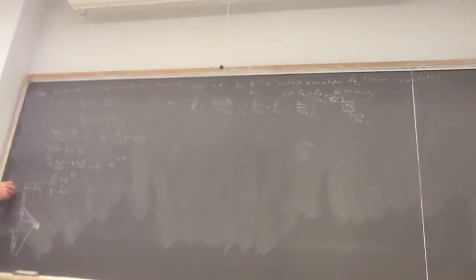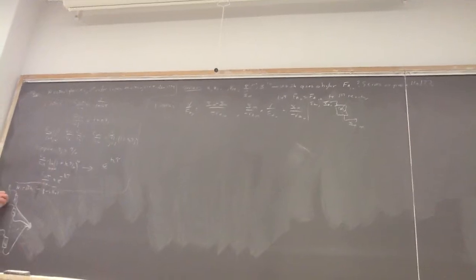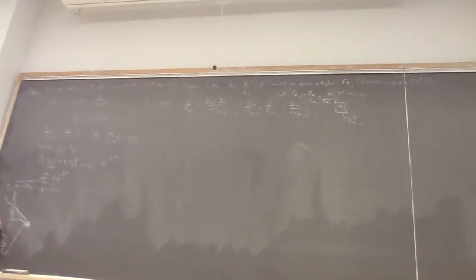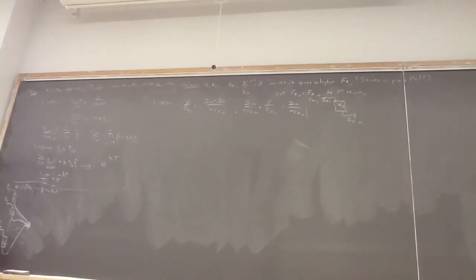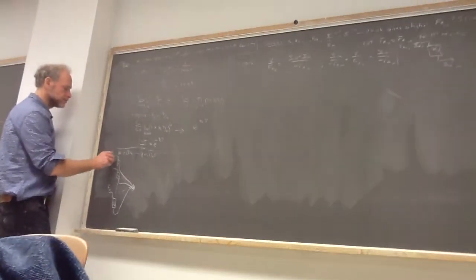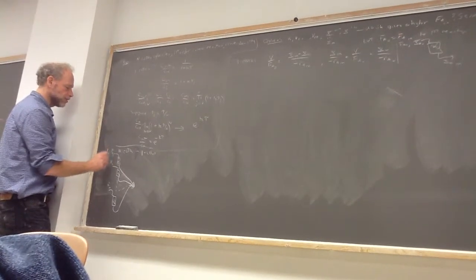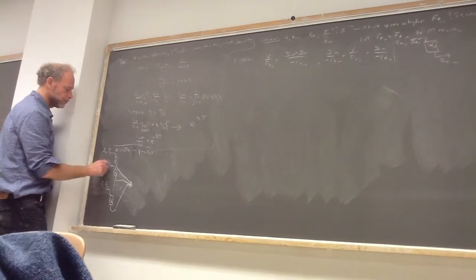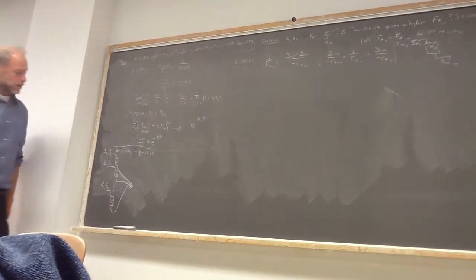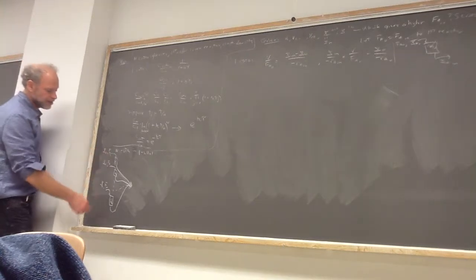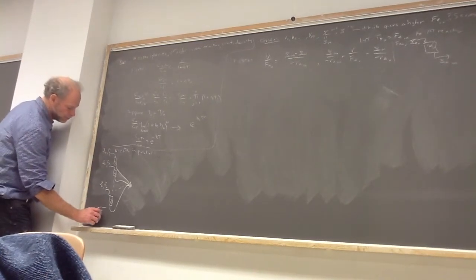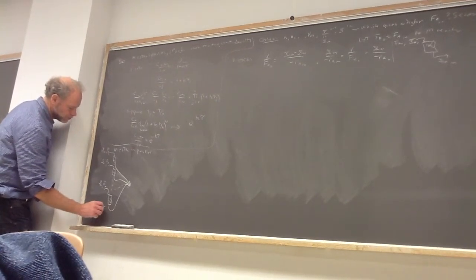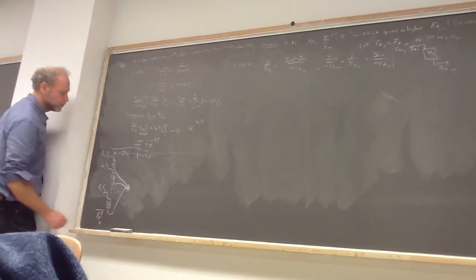So here I have FA1, F2, Fn, and here I have x0, x0, and of course all these have to add up to FA total for parallel.